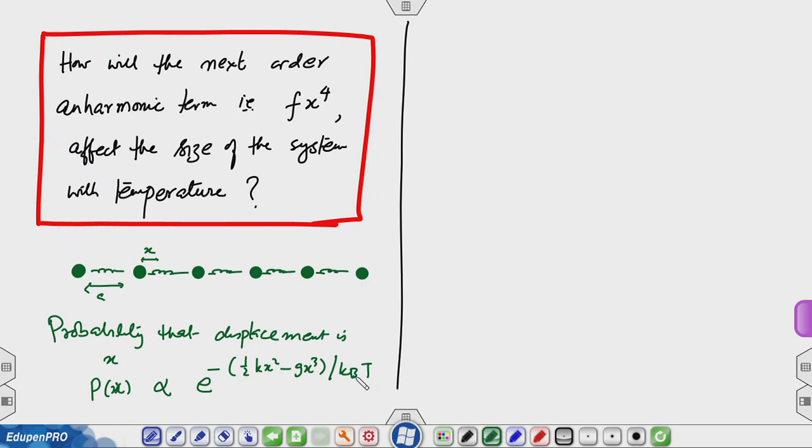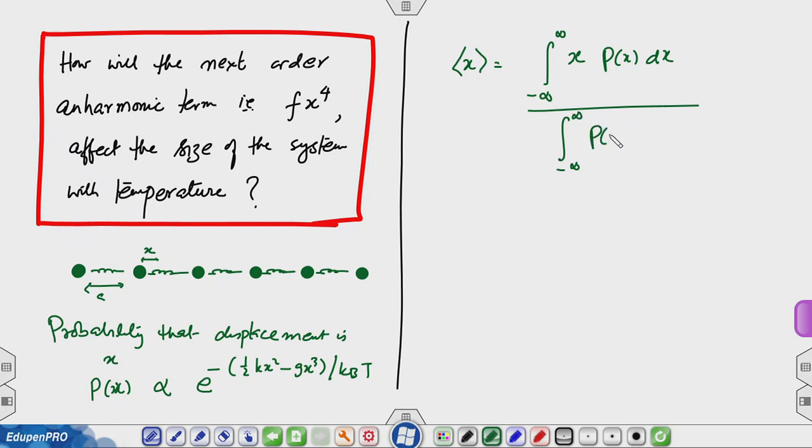And therefore, average x is going to be equal to integration minus infinity to infinity x P(x) dx divided by integration minus infinity to infinity P(x) dx. By the way, this discussion is based on Kittel chapter 5.